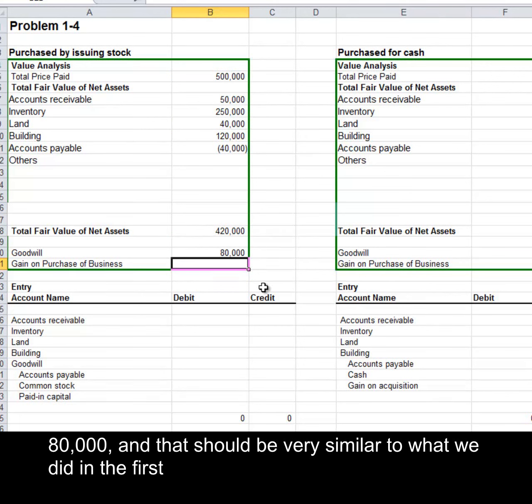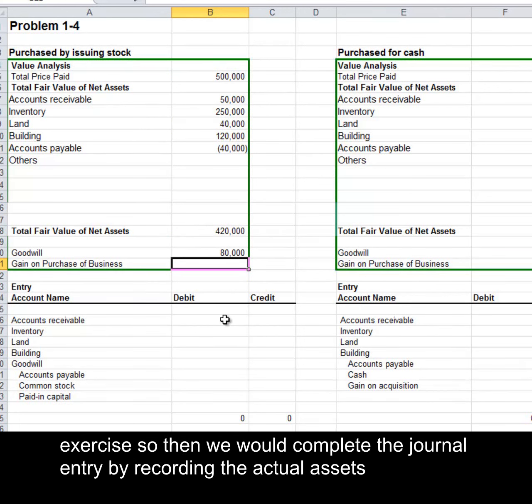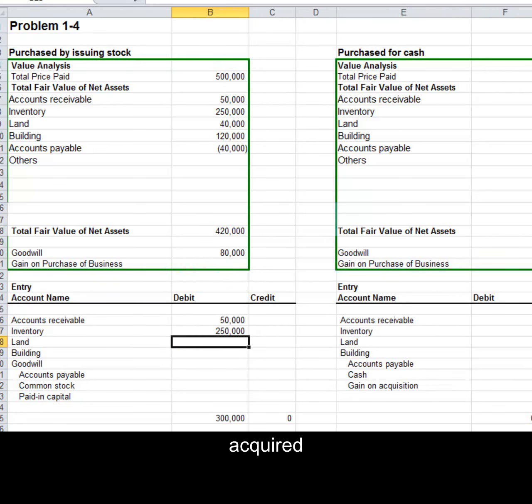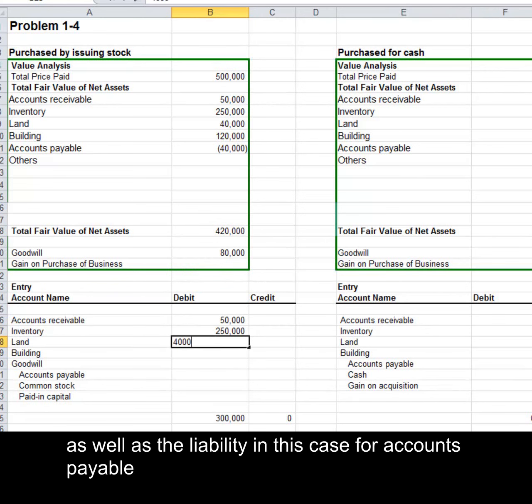And that should be very similar to what we did in the first exercise. So then we would complete the journal entry by recording the actual assets acquired, as well as the liability in this case for accounts payable.